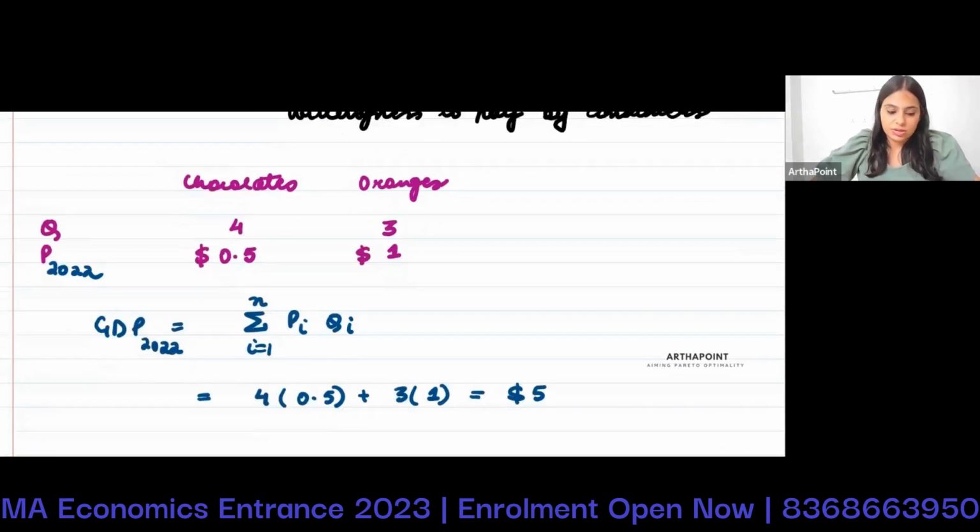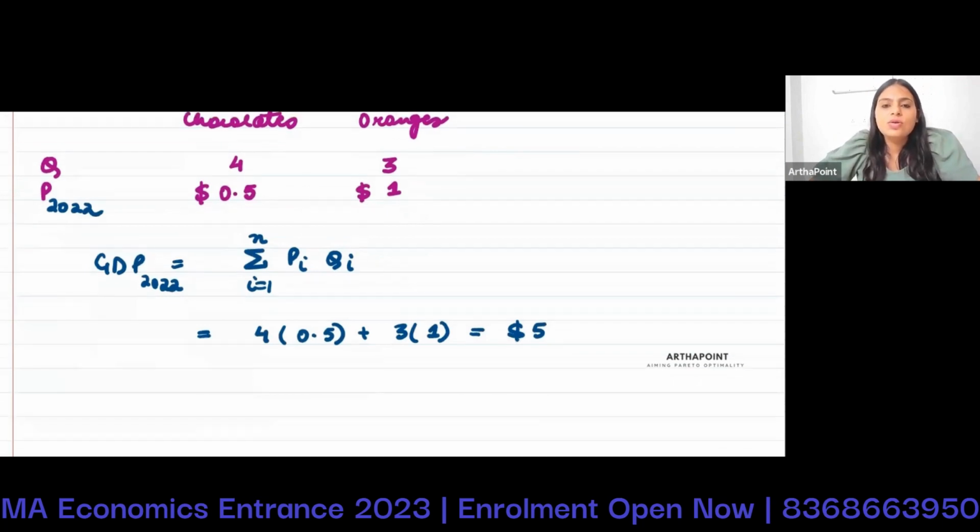There's just one more thing here. Note that sometimes whenever you calculate this GDP, they may in the question ask you, calculate GDP at 2021 for the current quantity, or holding prices constant, calculate GDP of this year.